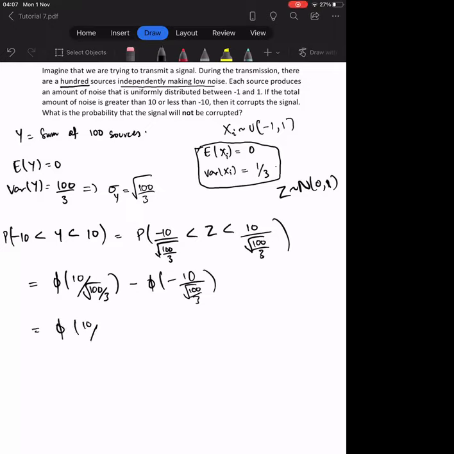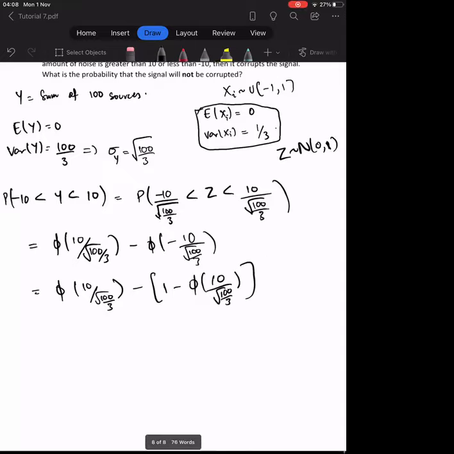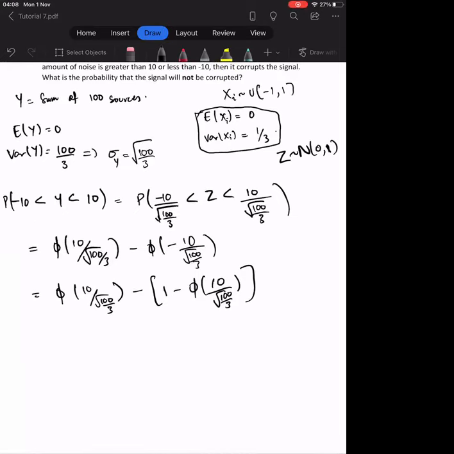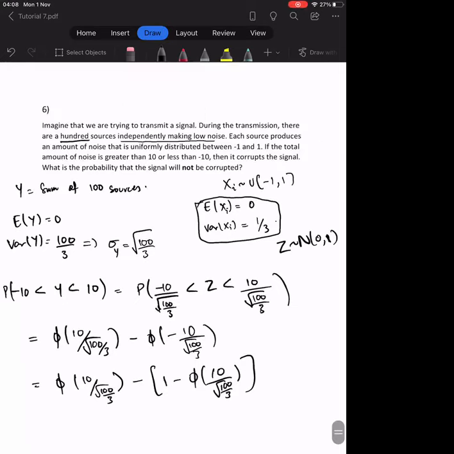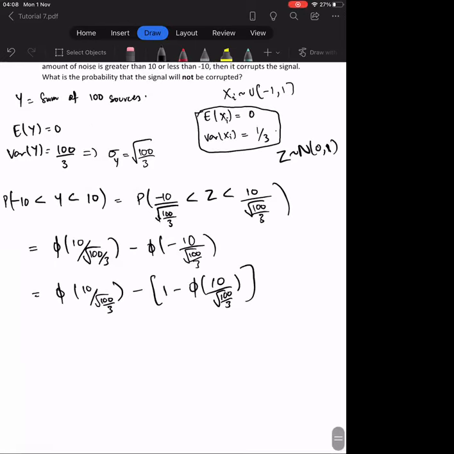This would become, we can just take its complement. And once we do take its complement, the whole symmetry की वजह से we can keep it positive inside phi now.